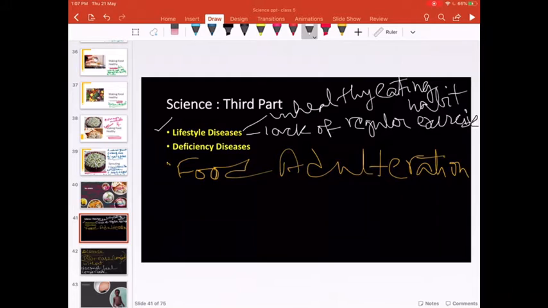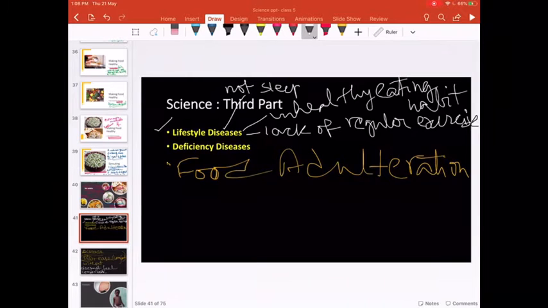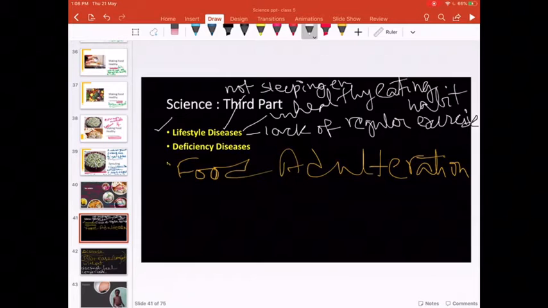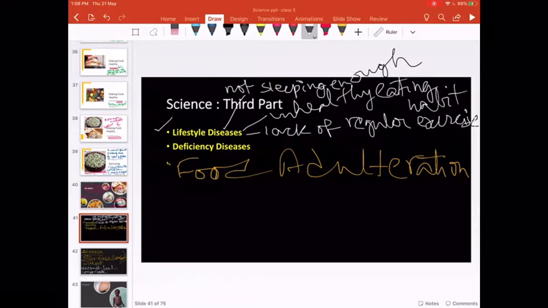Third is not sleeping enough. Most of us students do not get sufficient sleep.